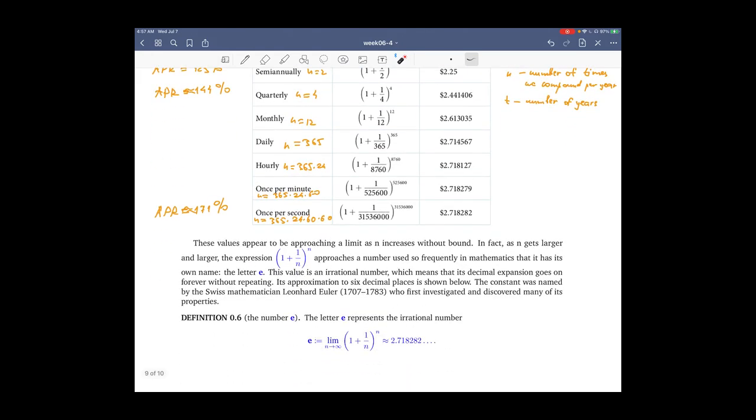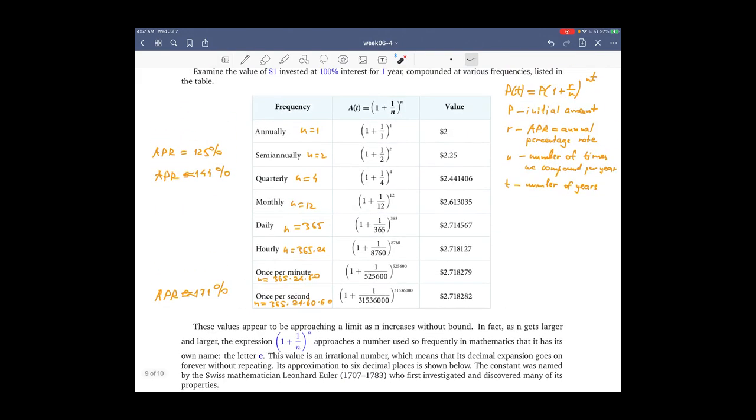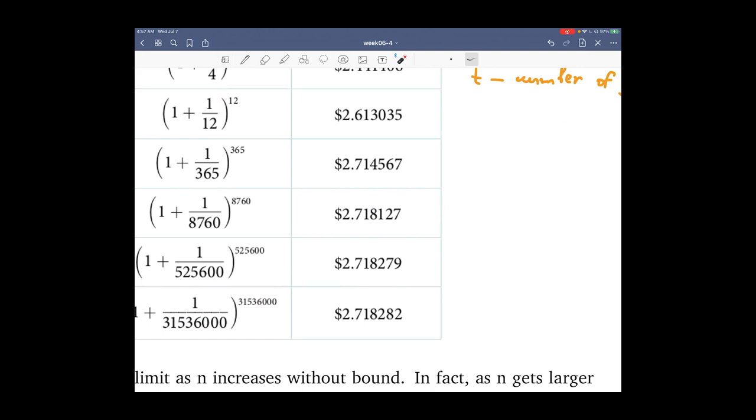But there is a limit. If you look at the numbers in the last column, 2.25, 2.44, 2.61, 2.71. In the last 4 rows, the 2 decimal digits after the decimal point stay the same.